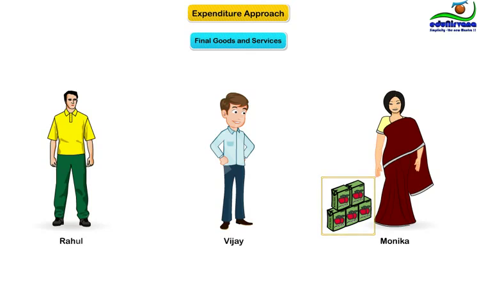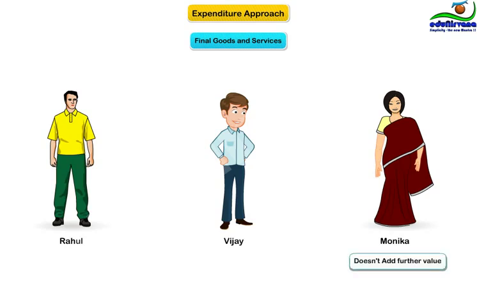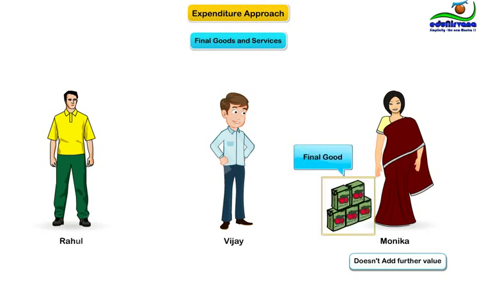Monica is the final buyer in this economy. She is the final user, the ultimate consumer, and she is consuming the final product, which is apple juice. In other words, she herself doesn't add any further value to it and doesn't sell to another person. The good that she buys is the final good.